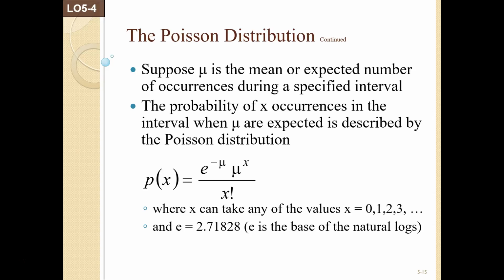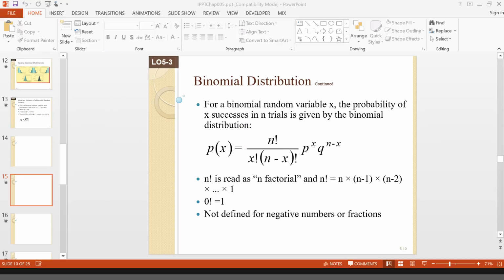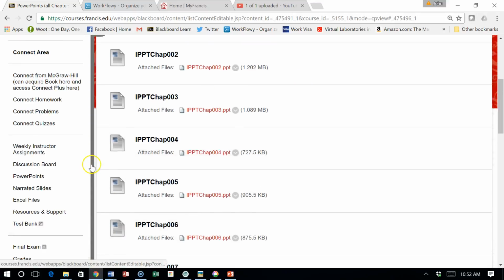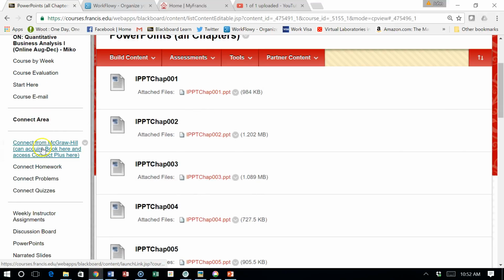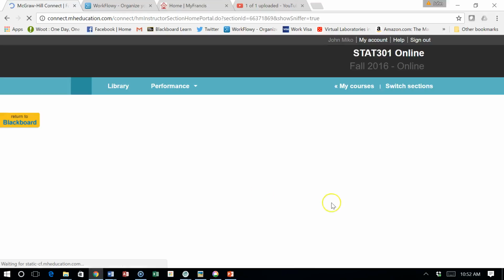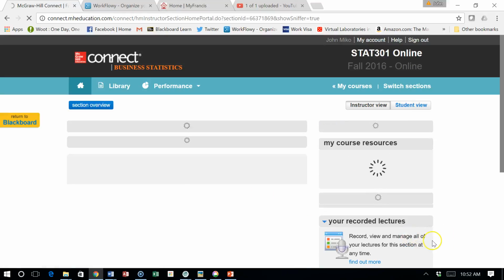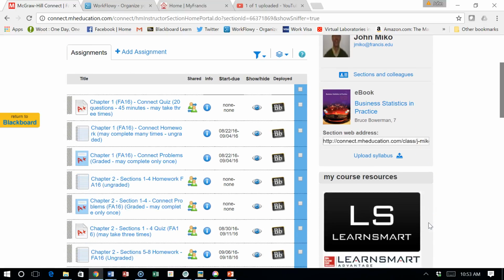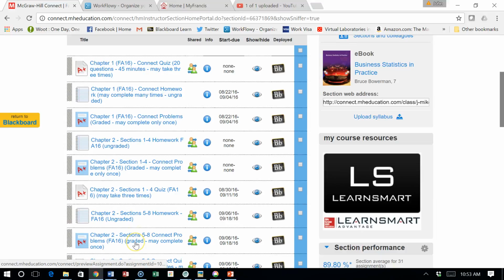So what I'd like to do is skip out of this. I think you guys can get those things through your home or through the material. But I'm going to go to Connect, and hopefully you can see this.